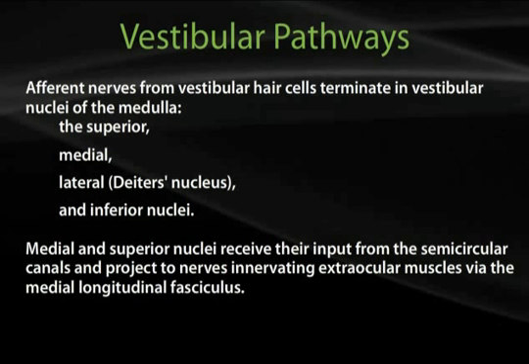Let's discuss vestibular pathways. Afferent nerves from the vestibular hair cells terminate in the vestibular nuclei of the medulla: the superior, medial, lateral, also called Deiters' nucleus, and inferior nuclei. Medial and superior nuclei receive their input from the semicircular canals and project to nerves innervating extraocular muscles via the medial longitudinal fasciculus, also called the MLF.